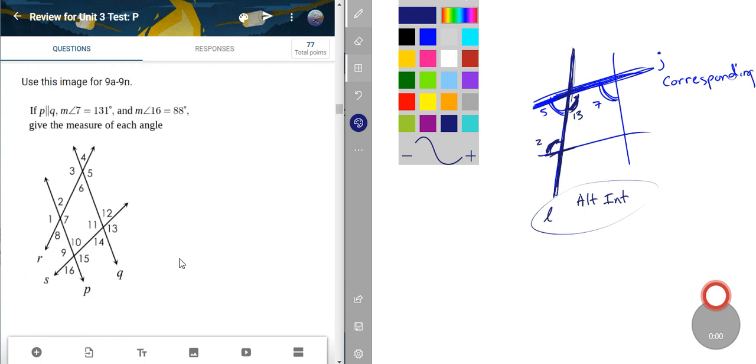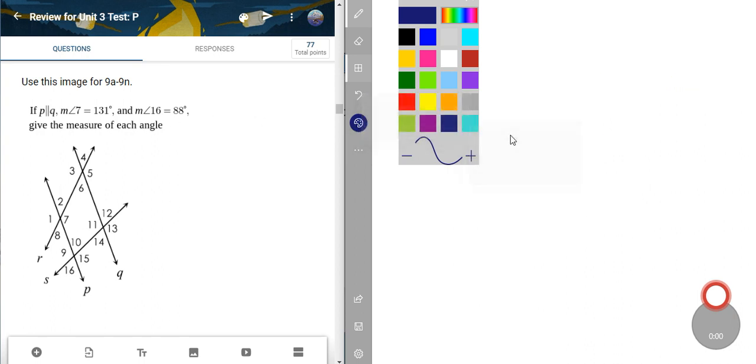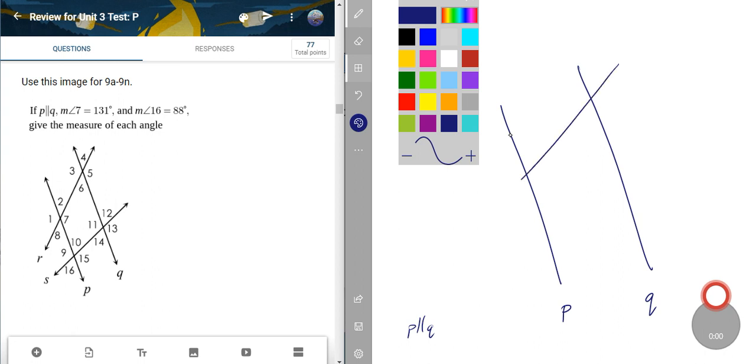Now let's use these to help us identify some of the angle measurements that we would need based on some of these angle relationships. All right, so here's our parallel lines, P and Q. So P is parallel to Q. That's important to know because now we know that all of our alternate interior, alternate exteriors, and corresponding angles are congruent.